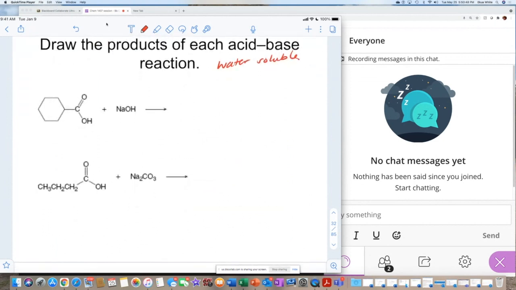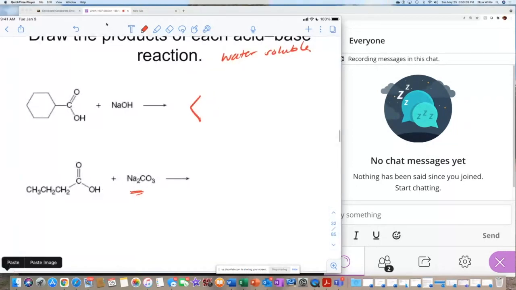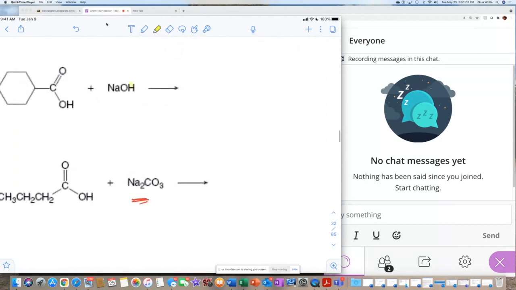Okay. So for this first one, I meant to take this one out, but I'll just work on that. For this first one here, we know we're going to draw a product. Oh, my bad. Let me do it the way I did it when I was a student. I'll start with a simpler, easier part first. I know OH goes off with H to make water, H2O. Then the Na has to come here. So then I draw it this way.